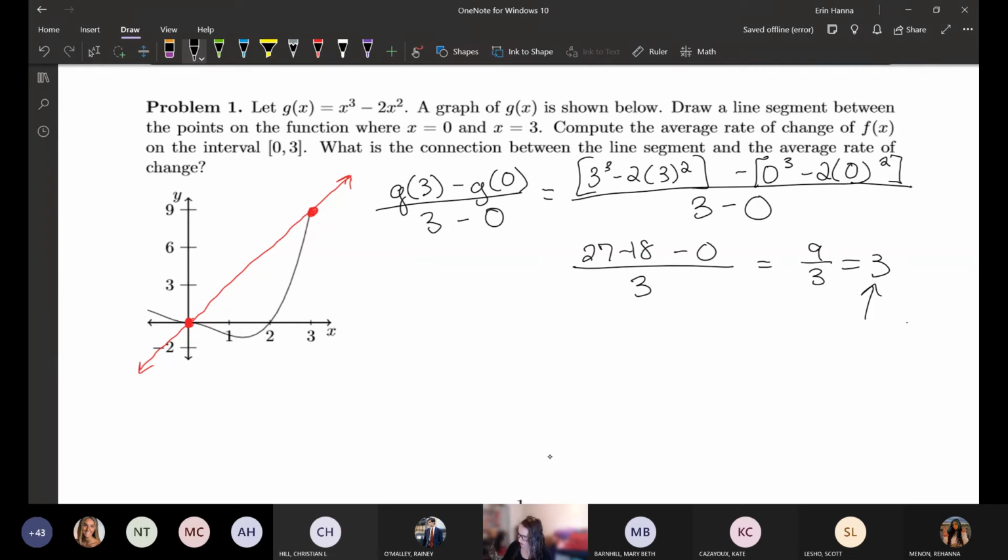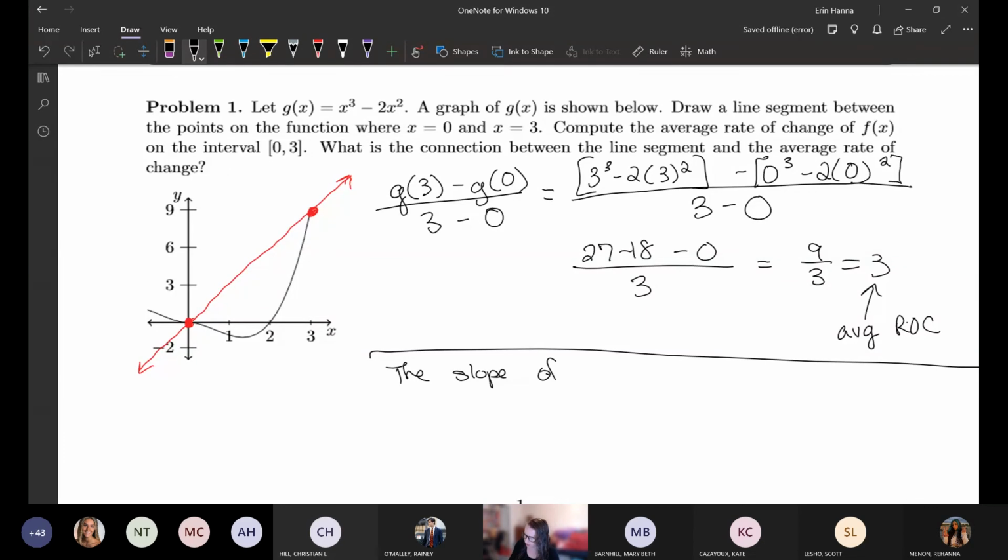So the average rate of change, which I will almost always abbreviate as average ROC because I'm lazy, is going to be 3. So essentially, what this means is the slope of the line between x equals 0 and x equals 3 is 3.